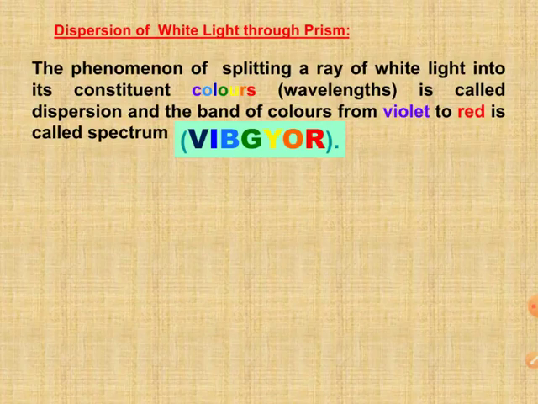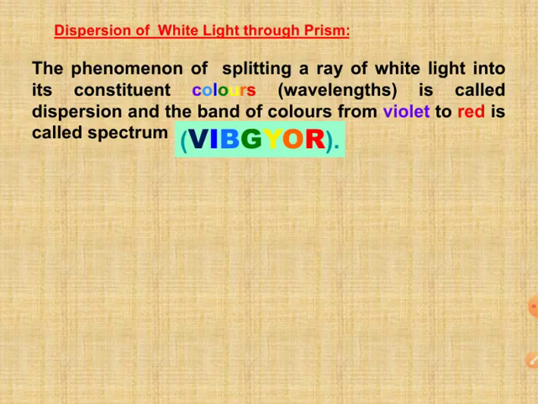This prism can split white light into its 7 colors, and this phenomenon of splitting of white light into its constituent 7 colors we call dispersion. So dispersion is the phenomenon of splitting of white light into its constituent 7 colors.